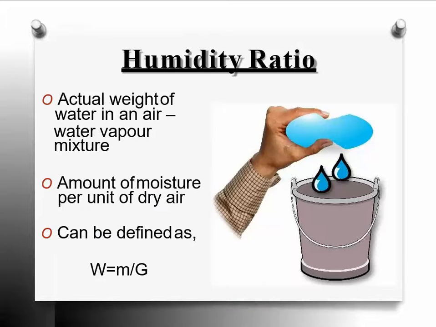The humidity ratio is the actual weight of water in an air and water vapor mixture, the amount of moisture per unit of dry air. It can be determined by W is equal to m_v by m_a.